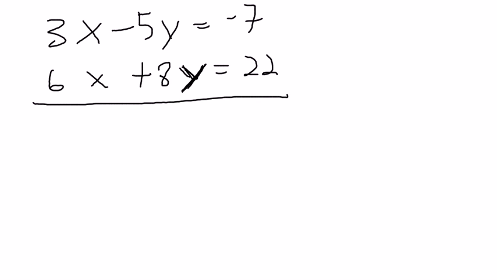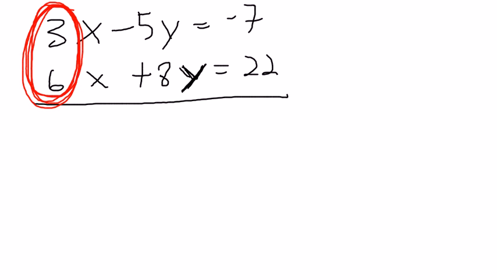Which equation should we multiply and by what? Now, the easiest way to see this is if you see numbers that are multiples of each other. Ooh, I see this 3x and this 6x, they want to be the ones that cancel each other out.